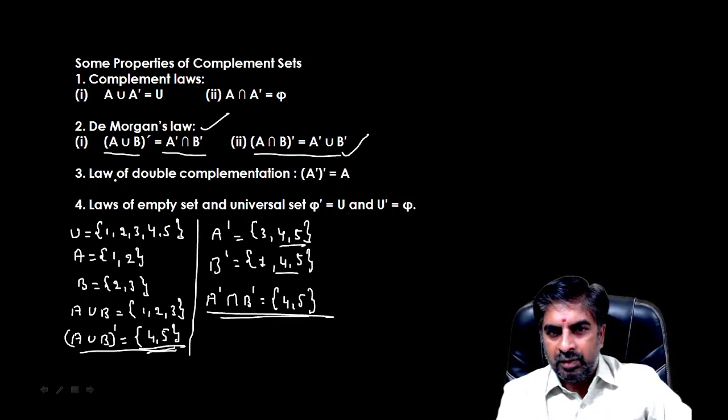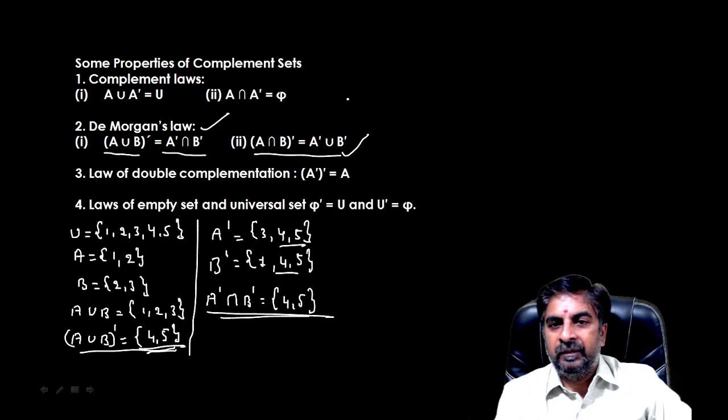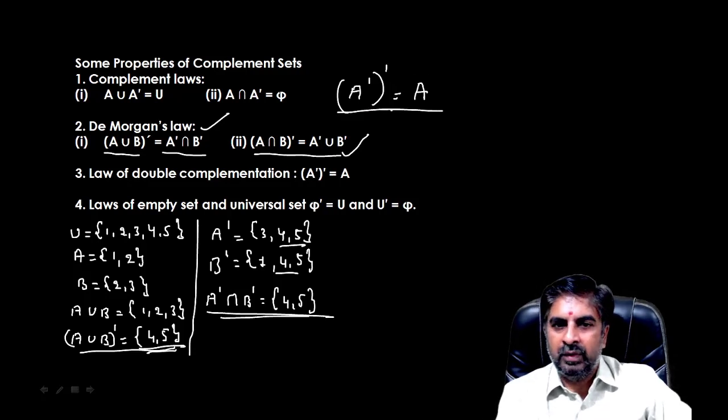Very simple. Law of double complement: complement and again complement will give you the same set. A dash will be the remaining part, and if you again find the complement of A dash, that will be A only. So A dash and again a dash, two times, if you find the complement, that will be equal to the same set which you had selected.